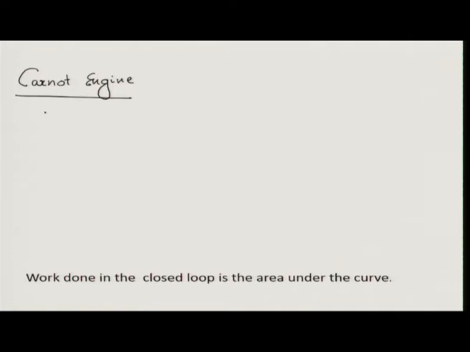So, this is my PV diagram, PV, this is my initial point, coordinates P1, V1 and T1. I draw 2 processes.